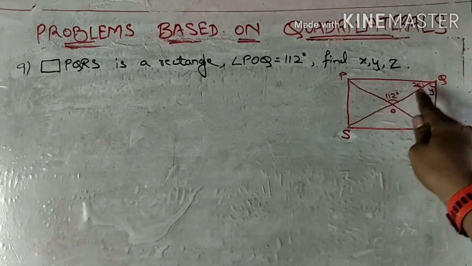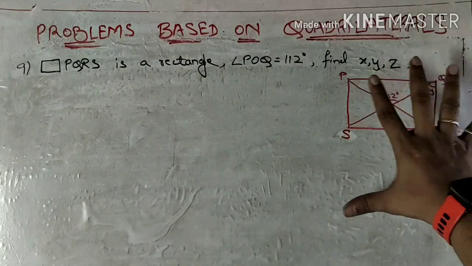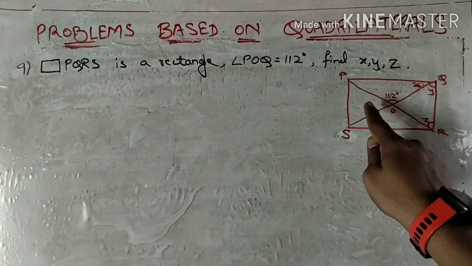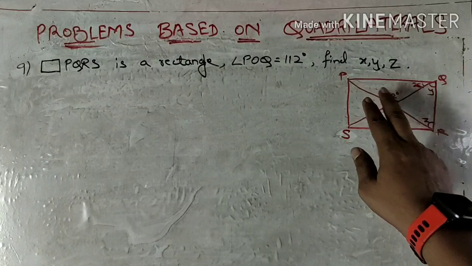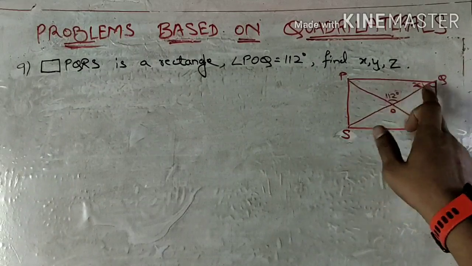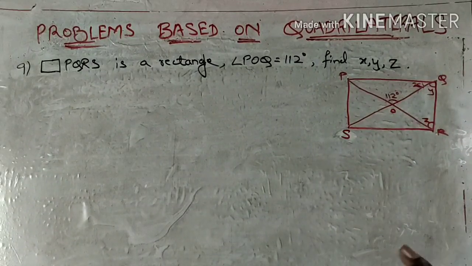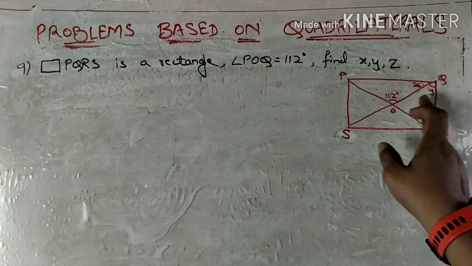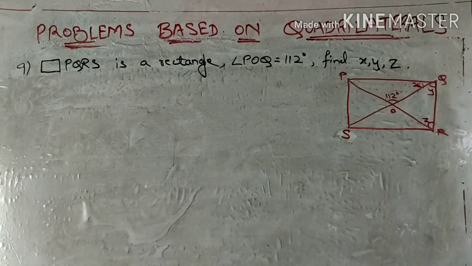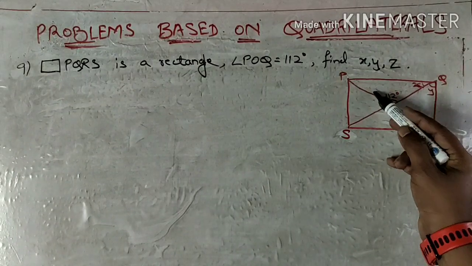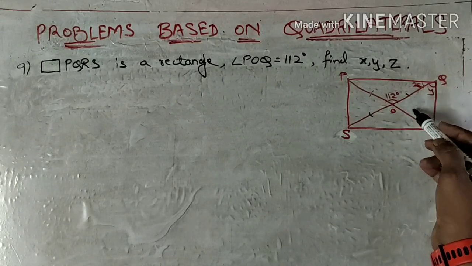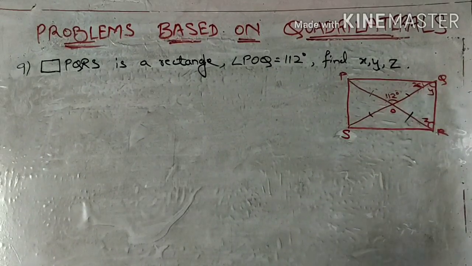since POQ is given, that means something is related over here itself. What will be the property of a quadrilateral relating to either the angles or the sides? So if you remember properly, the diagonals of a rectangle bisect each other and they are also equal. That means these small halves of the diagonals are equal.